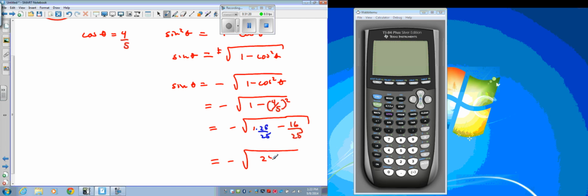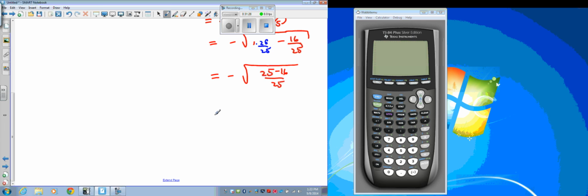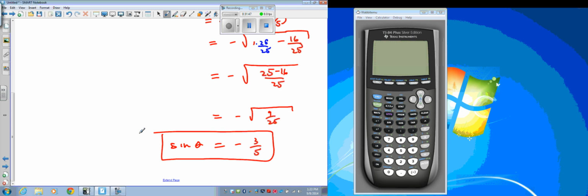So I've got 25 minus 16 over 25, which is a minus the square root of 9 over 25, which is a minus 3 over 5. Now I'm doing it the way they want me to do it.